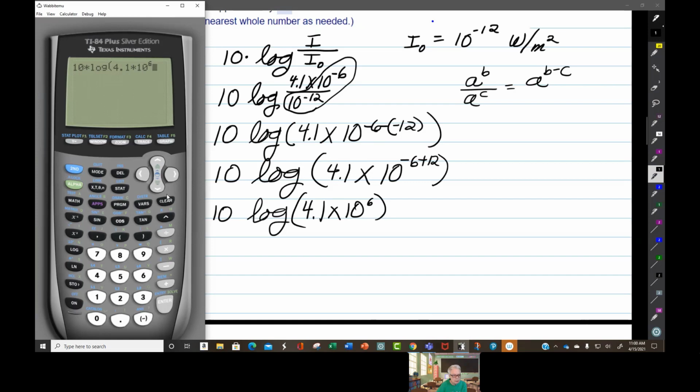Come down and close your parenthesis. For some of you, it might mean you end up with 2 parentheses. Okay. Ooh, this is exciting. Let's try it.